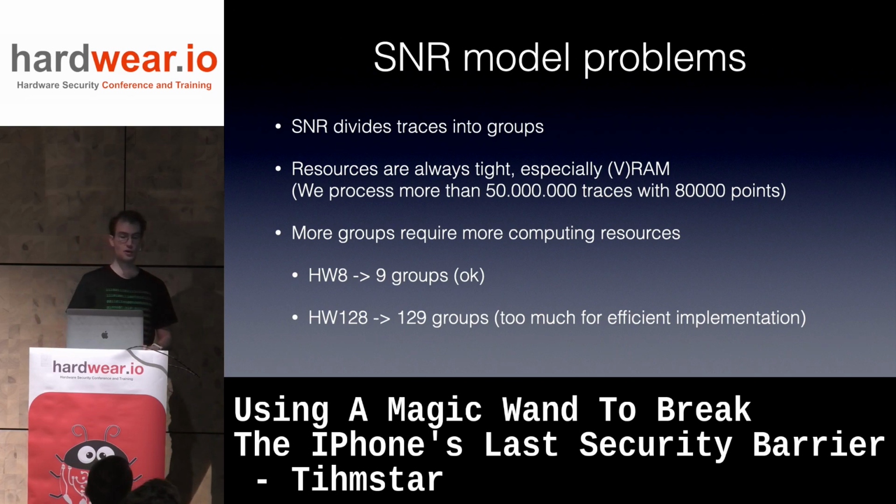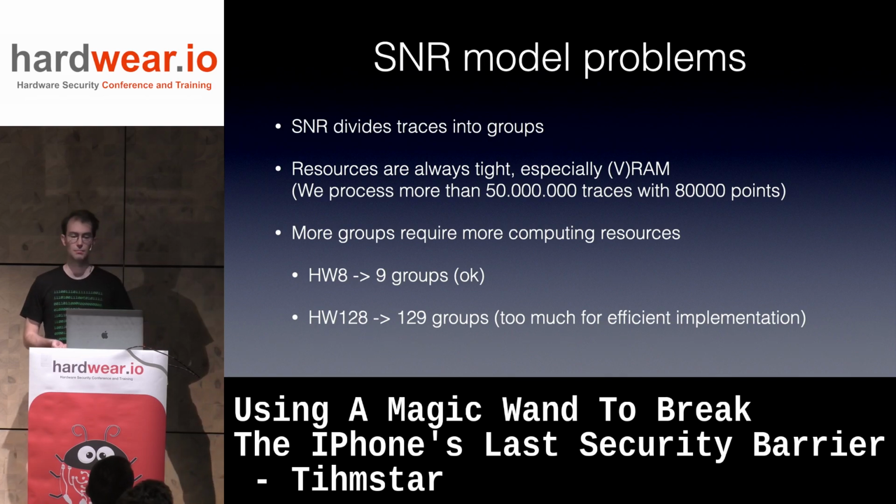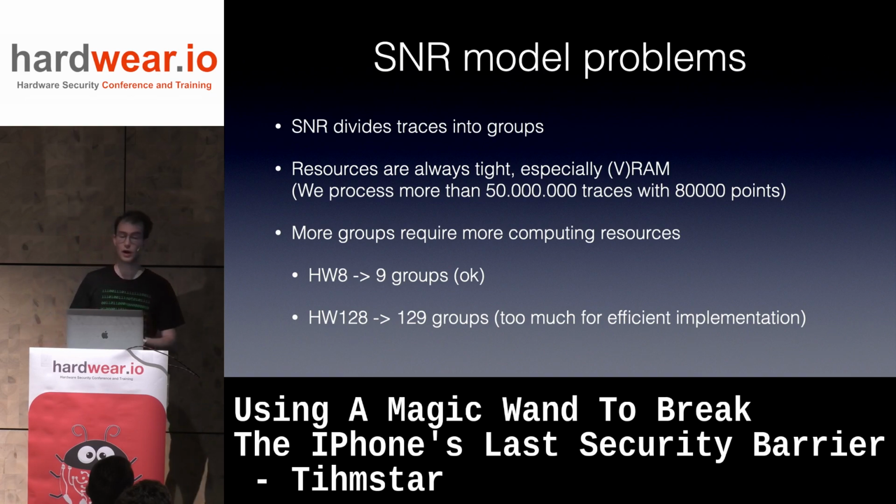I processed more than 50 million traces with 80,000 points per trace. And yeah, more groups require more computing resources. So if I take 8-bit Hamming weight, I get 9 groups. That's okay-ish. But if I try larger models, 128-bit Hamming weight, I get too many groups, and this is not efficient to compute anymore.